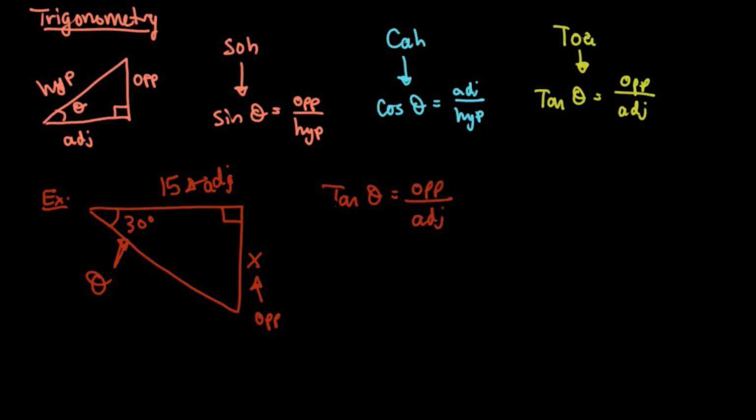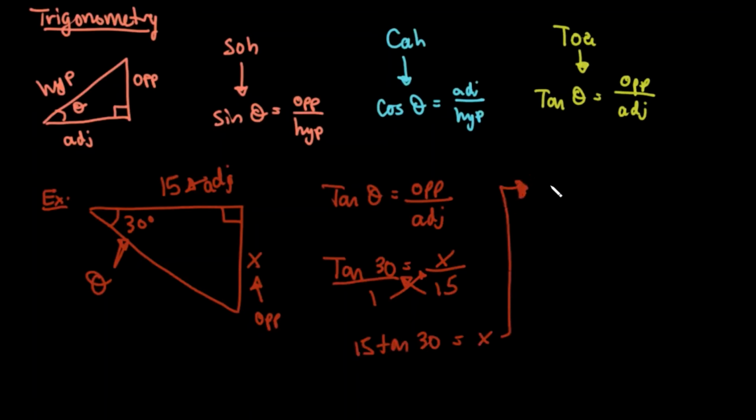Let's plug things in now. Tan of 30 degrees is equal to my opposite, which is x, over 15, which is my adjacent. To isolate for x, we cross multiply. Remember, put that over 1, and then multiply up. So this becomes 15 tan 30, and 1 times x is just x.